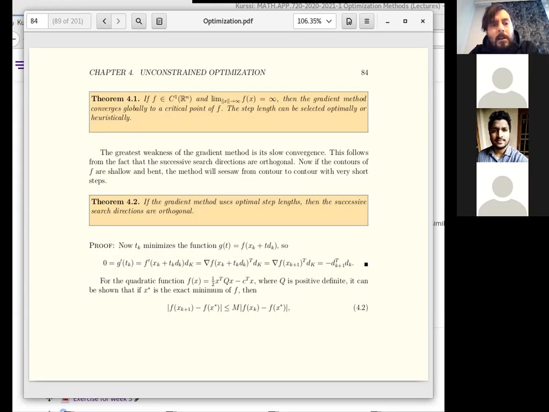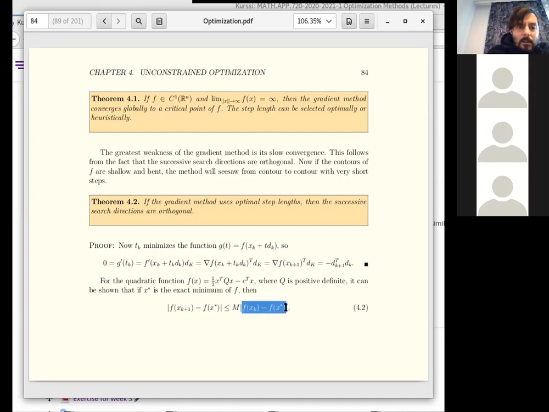If we can find the exact minimum, which is x star, we can show that if we are at xk, and we're doing this with the gradient method, then at the next step we are closer than m times the distance.